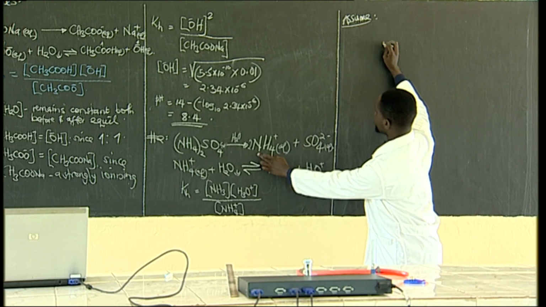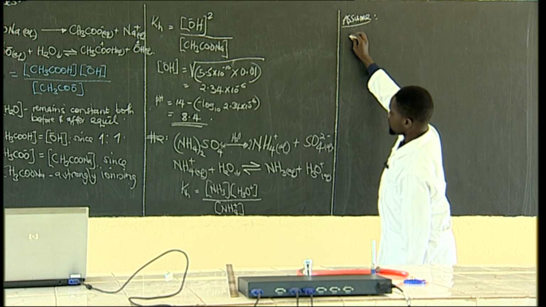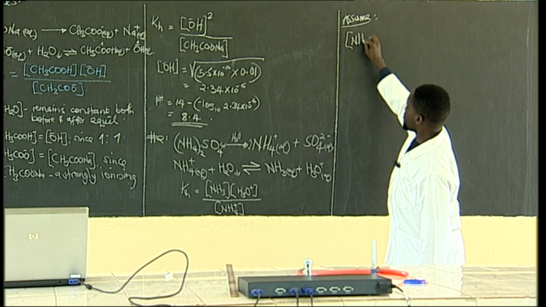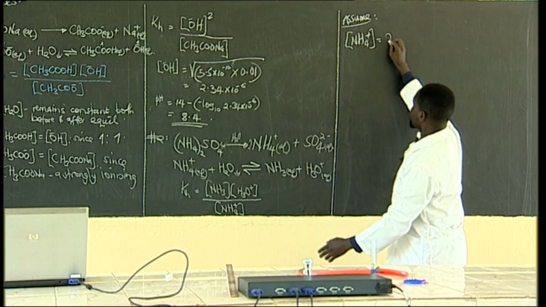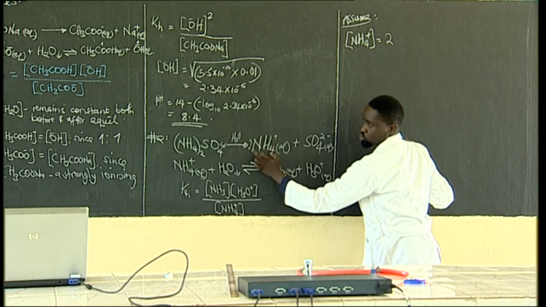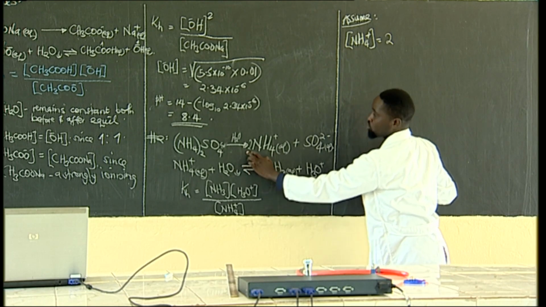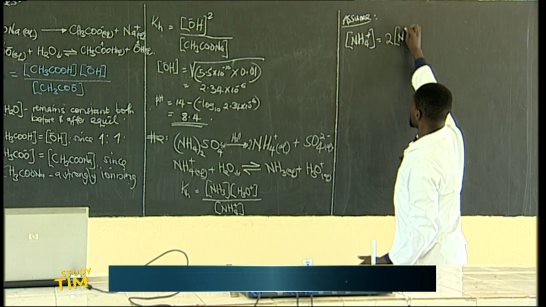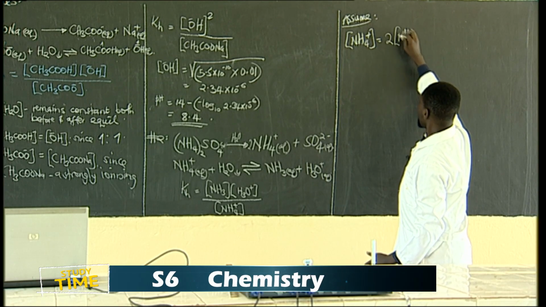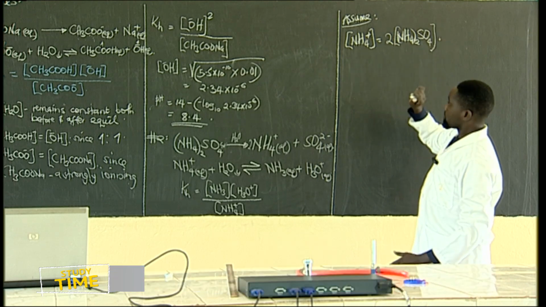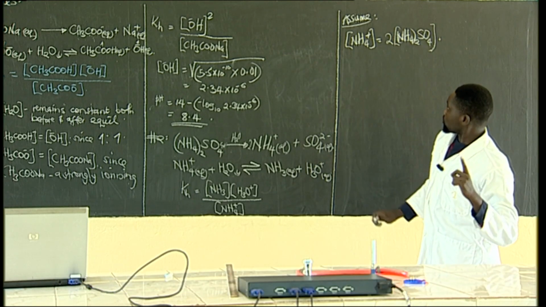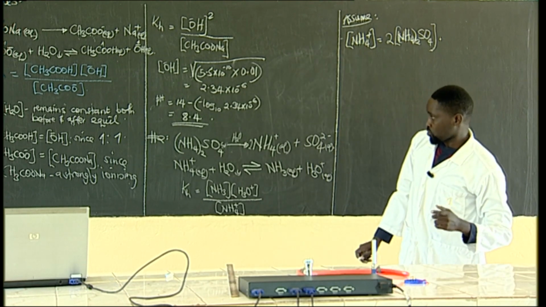If you look at this, you notice that the concentration of ammonium ion is twice, since it is 1 to 2. 1 mole gives 2. It's twice the concentration of ammonium sulfate salt. That is one assumption you have to take note of.